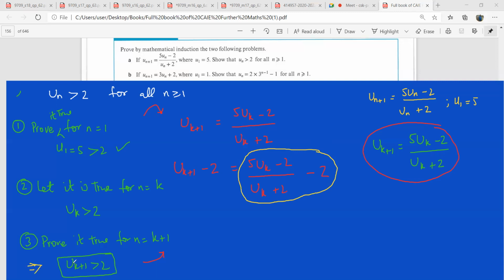That is my plan. So I'll be doing all that algebraic manipulation to show that the right hand side is going to be a positive value. Okay, guys, let's start doing that.